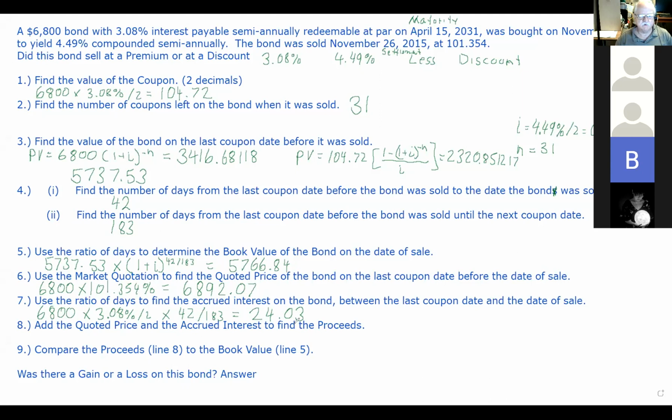So add the quoted price and the accrued interest to find the proceeds. So the quoted price we just found here, 6892.07 plus 24.03.